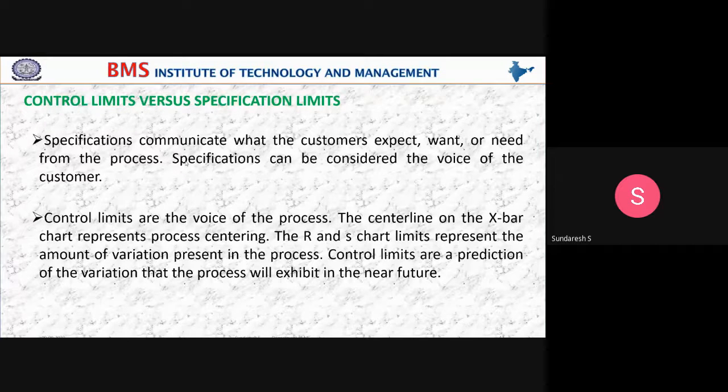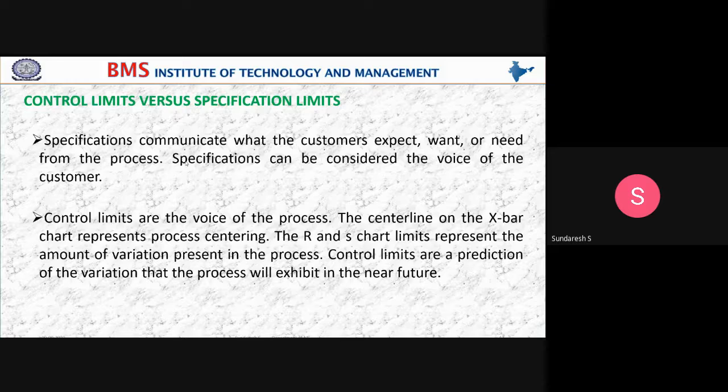Understanding that, we need to understand two important terms. One is called control limits and another one is specification limits. Specification limits are the ones which communicate what customers expect, want, or need from the process. Specifications can be considered the voice of the customer.